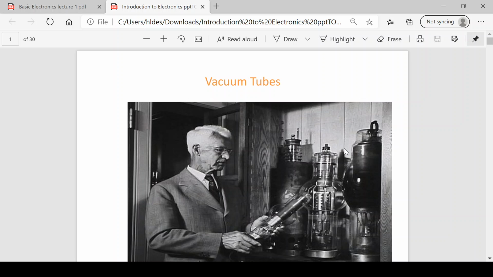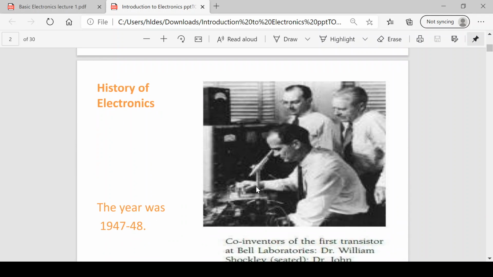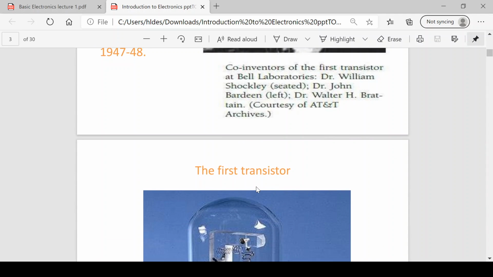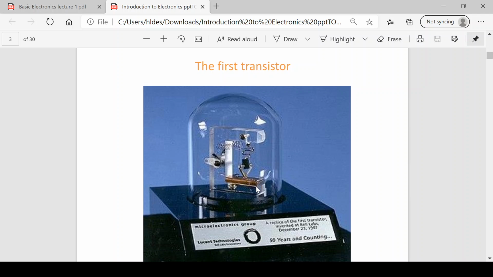These are some of the vacuum tubes: triode, pentode, tetrode and so on. But due to their disadvantages, they were quickly replaced by the new invention called the transistor, published in 1948.